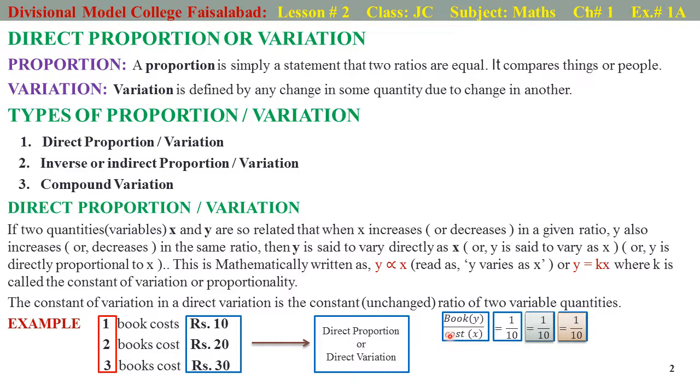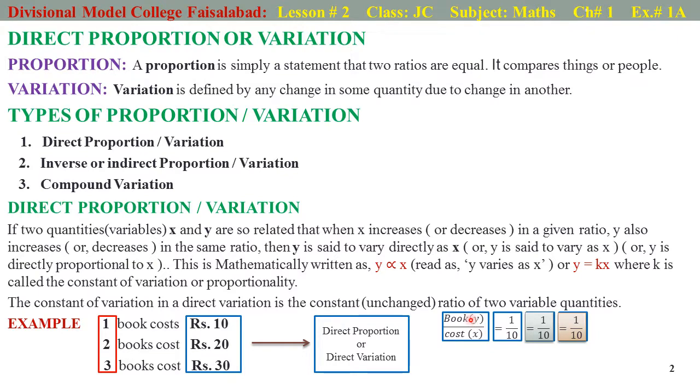If you take the example of sandwiches and number of slices, if for one sandwich you need 2 slices, then for 2 sandwiches you will need 4 slices, and for 3 sandwiches you will need 6 slices, and in that case this constant will be 1 by 2.